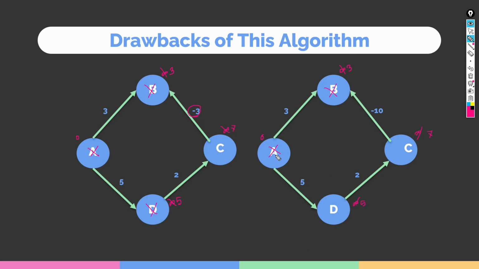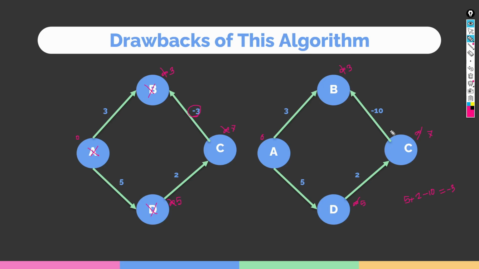Let's see. From A, if we go to B, it's written 3, but is it actually 3? From A to D to C to B, what's the cost? 5 plus 2 minus 10, which is minus 3. Isn't minus 3 less than 3?